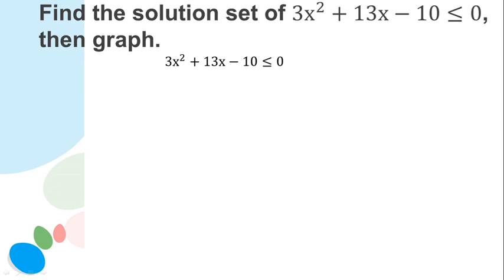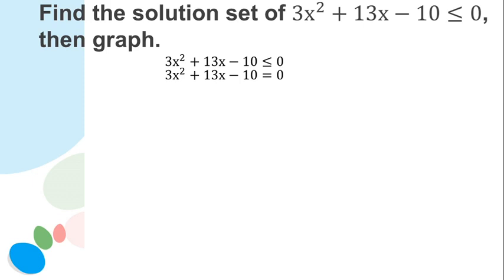Find the solution set of 3x squared plus 13x minus 10 is less than or equal to 0, then graph. So what would be our first step? Yes, we have 3x squared plus 13x minus 10 is equal to 0.